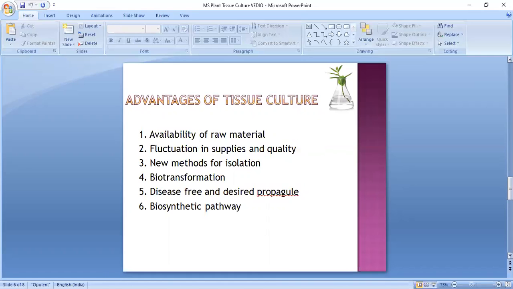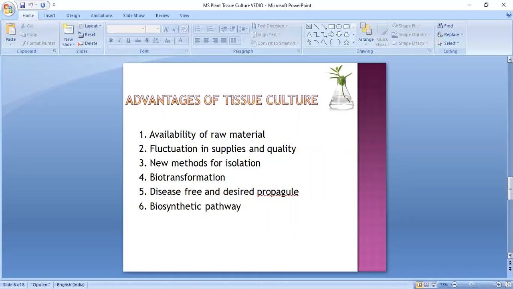Next, similar to availability of raw material, is fluctuation in supplies and quality. Here the plant is not difficult to grow, but the variety of crude drugs is variable in quality due to changes in climate.